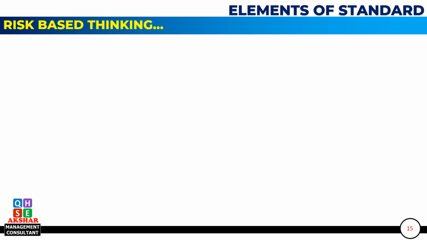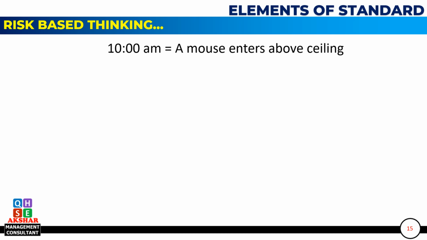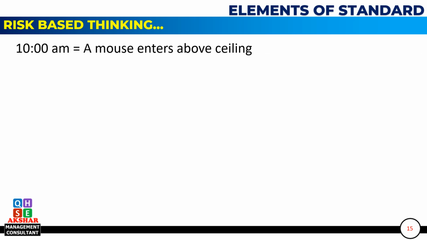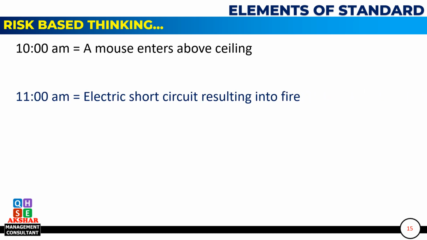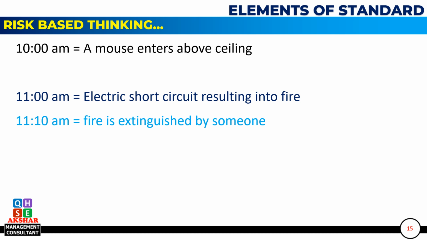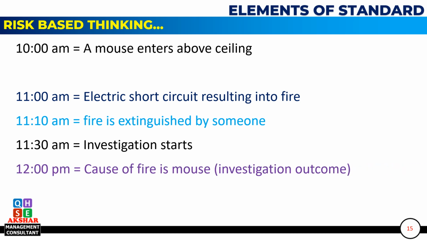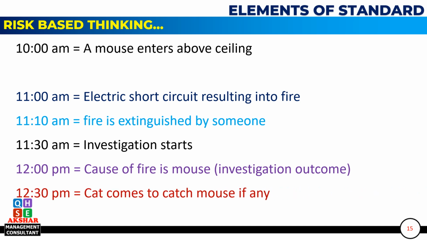Let us assume that there is a fire in the office. The timeline of each is indicated here. 10 a.m., a mouse enters above the false ceiling. 11 a.m., a fire event starts. 11:10 a.m., someone operates a fire extinguisher and eliminates the fire. 11:30 a.m., the team starts investigation. 12 p.m., investigation is completed, and the mouse is detected as the cause of the fire event. 12:30 p.m., a cat comes to catch the mouse, if any.